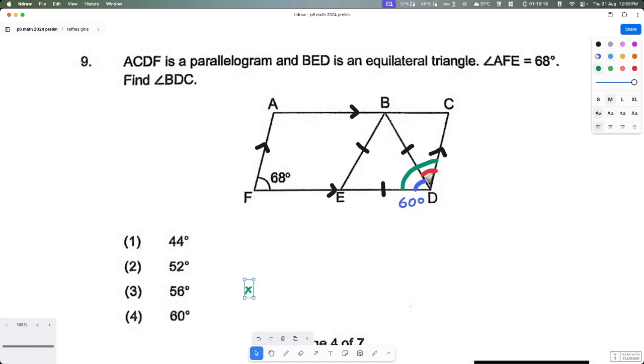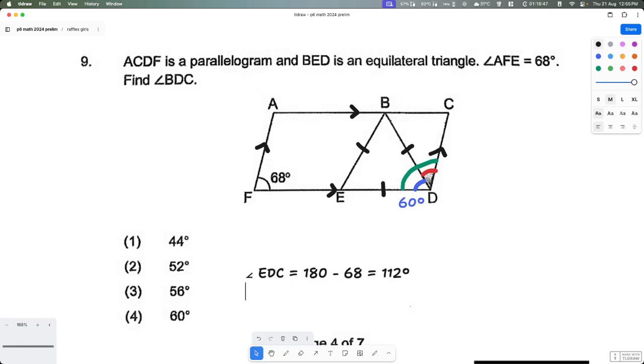First, we need to get EDC, which is the green angle. So angle EDC is equal to 180 minus 68, and this is equal to 112. So 112 degrees.